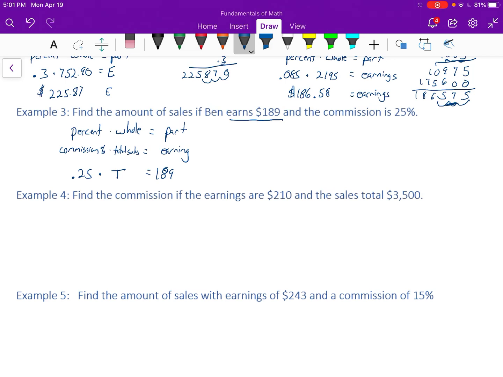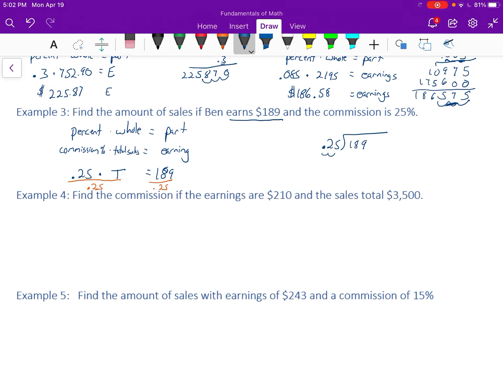So back to our percent equations. When we did this before, percent times whole equals part. Remember, we would divide both sides by 0.25 because we want to get that total sales by itself. So now we have to do a division problem to the side. 0.25 into 189.